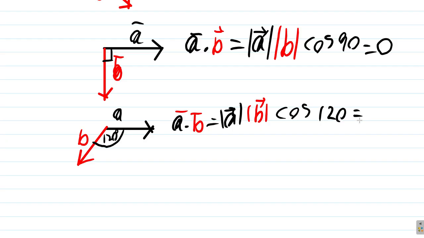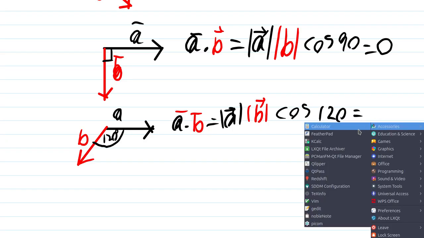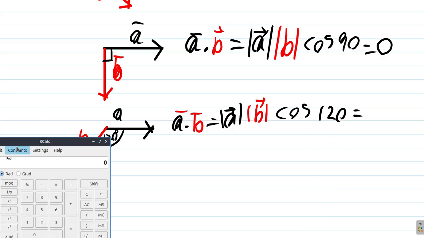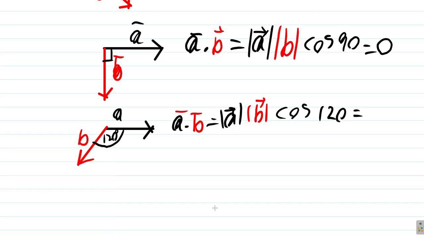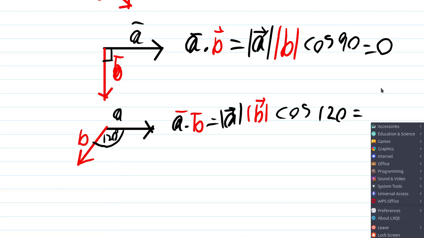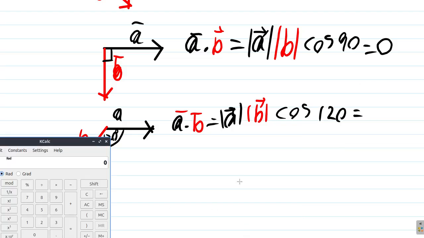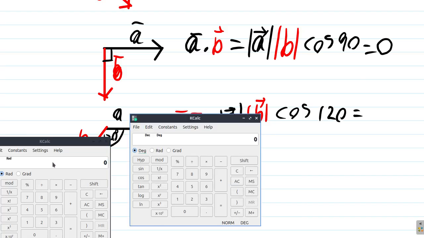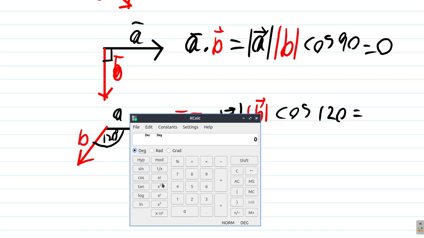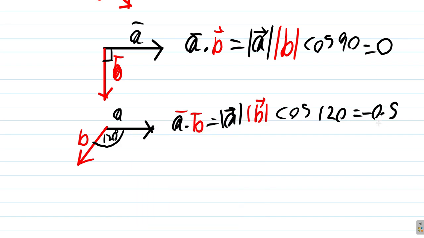Now, we want to find out how much B is helping A. My calculator disappeared. Let me get it back. Alright. So, 120 cos. Negative half. Negative 0.5. So, B is acting against A.